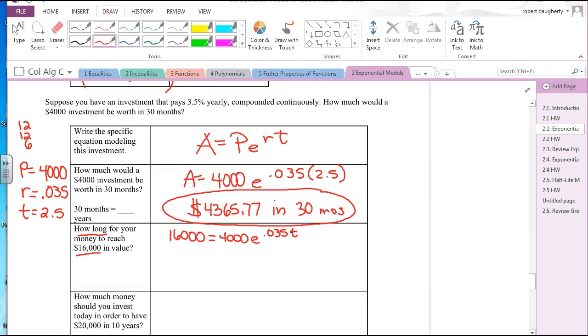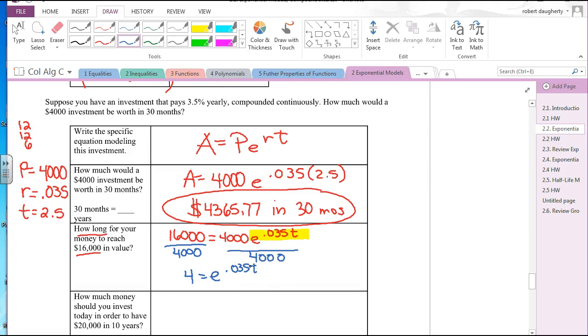T. So in order to solve this, I need this to be all by itself. What must I do to start getting that by itself? Yeah, divide everything by 4,000. What is 16,000 divided by 4,000? Yeah. So 4 is equal to e to the 0.035 t.